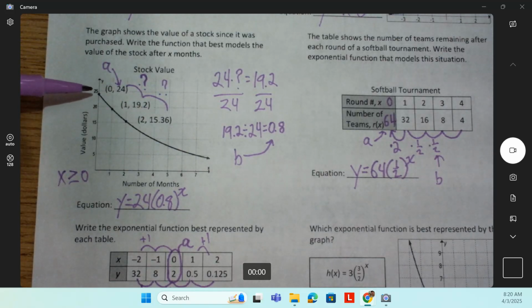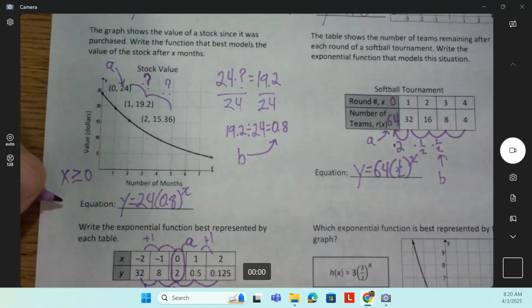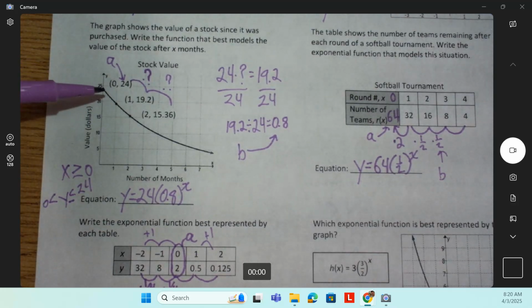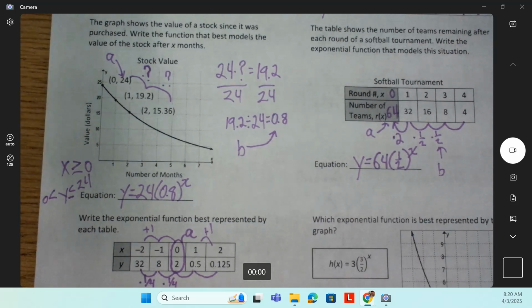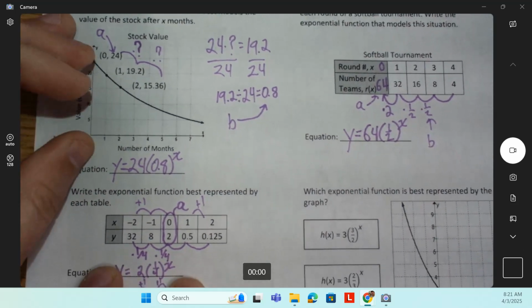And for your range, y is greater than 0, less than or equal to 24. So these will kind of change your domain and range a little bit, but almost makes it easier when you've got a definite starting and ending point.